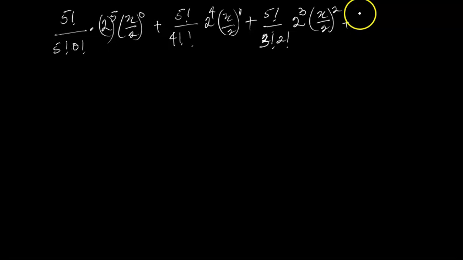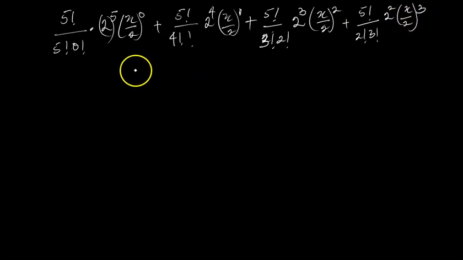Plus the next will be 5 combination 3, which will be 5 factorial over 5 minus 3, that's 2 factorial, 3 factorial, then 2 will be raised to power n minus r, that's 5 minus 3, which is 2, and x over 2 will now be raised to power 3.